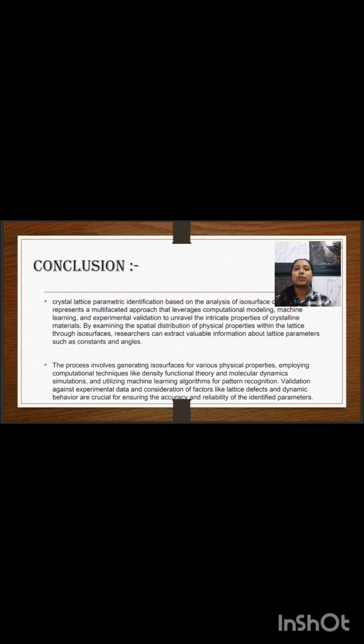So at the last, this process involves generating isosurfaces of various physical properties. As we know, simulations utilizing machine learning algorithms for pattern recognition, validation, employing molecular dynamics and density functional theory, and some of the experimental data and consideration of factors like lattice defects and dynamic behavior are crucial in ensuring accuracy and reliability of identification.